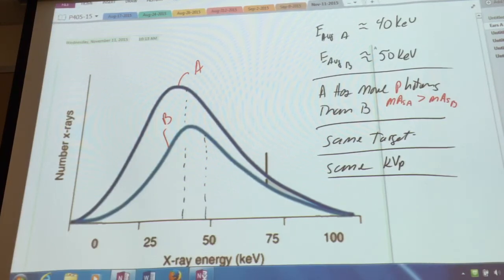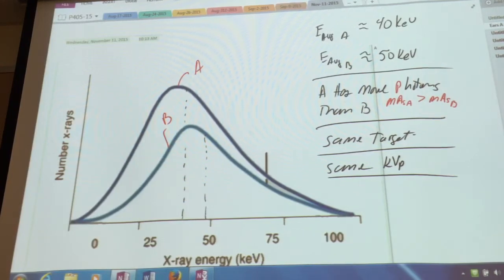So how did we go from A to B? What did we do? If we started with B and we changed something, what did we affect? You mean how we got from lower number of photons to higher number of photons? Go the other way. From higher to lower.